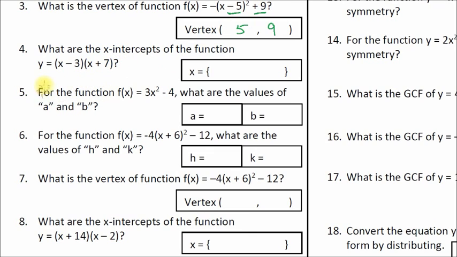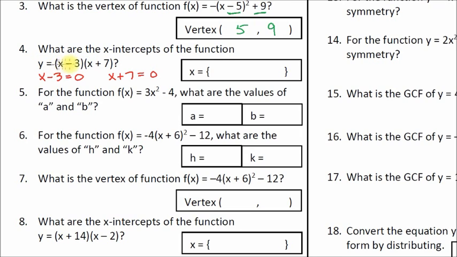We find the intercepts by finding out what changes x minus 3 to 0 or what changes x plus 7 to 0. The reason we know that is because at the x-intercepts the y value has to be 0. Y is always 0 when we have a point on the x-axis.